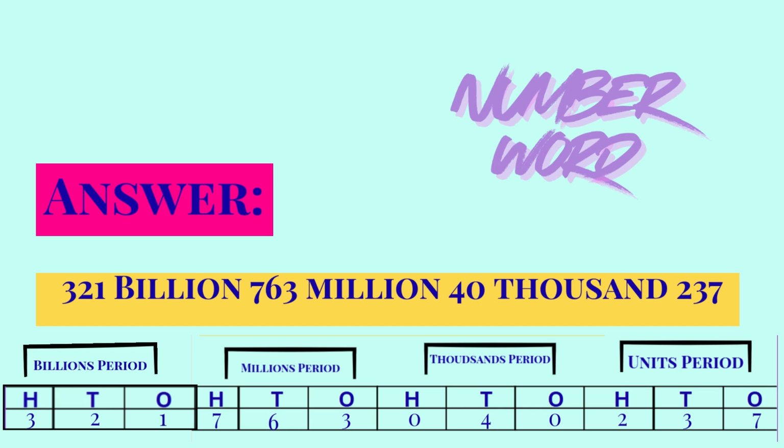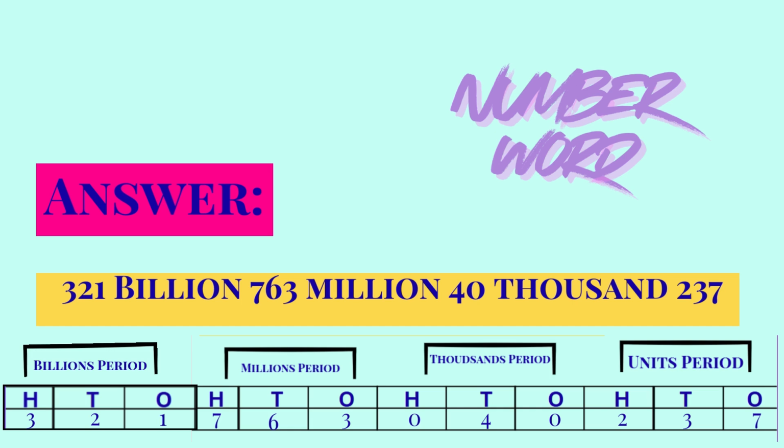In the thousands period, the numbers would be 040. However, when we write it in number word form, we would simply state the number 40 in digits, followed by the period name, thousand. We don't write the leading 0.